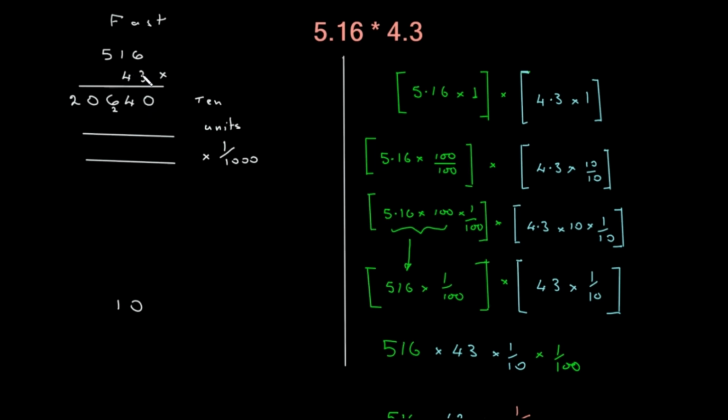We now move on to the units. We dealt with the tens, we're now going to deal with the units. This is the column for units, tens, hundreds, and so on. Right, 3 times 6 is 18. 8. Carry the 1. 1 times 3 is 3, plus the 1 is 4. 3 times 5 is 15.